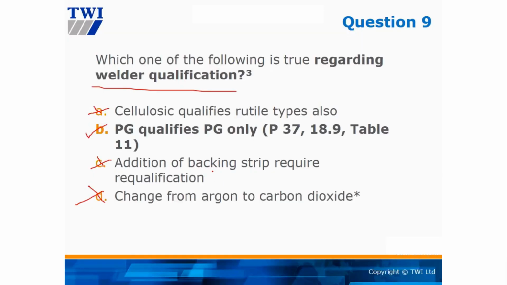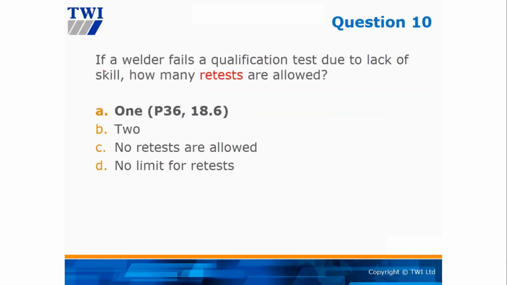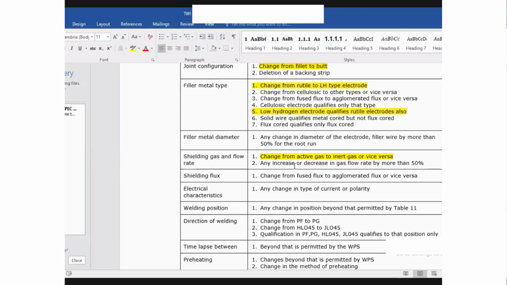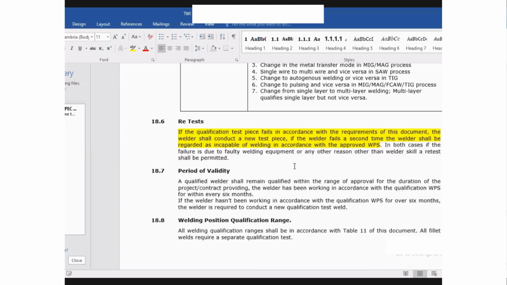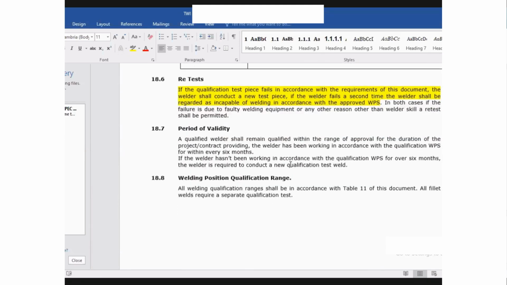All right, last questions. If a welder fail qualification due to lack of skill, how many retests allowed? So the answer goes to A, 1. All right, look at page 36, section 18.6. All right, retest.